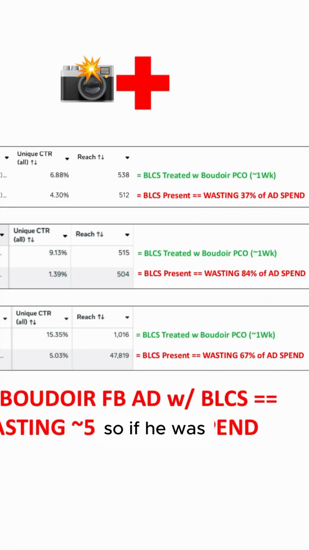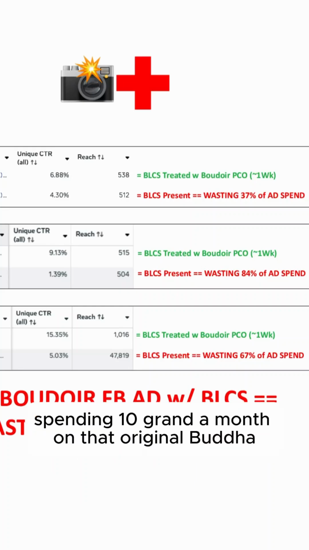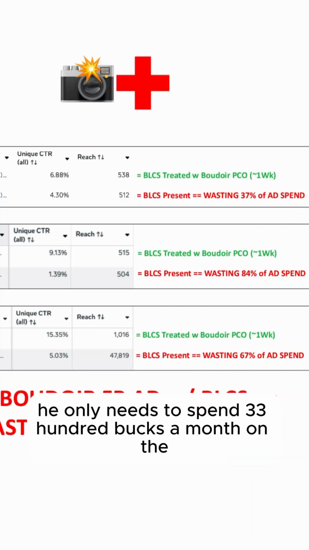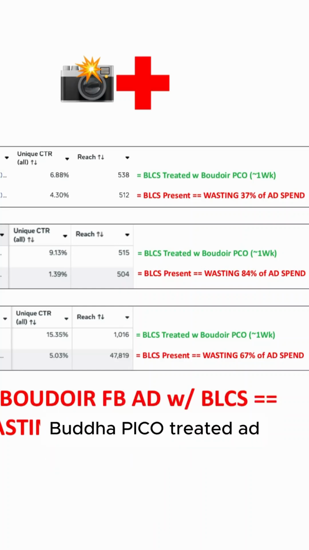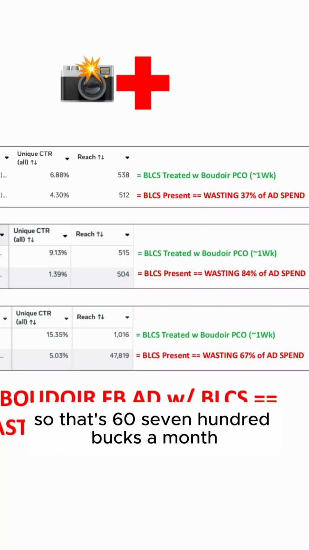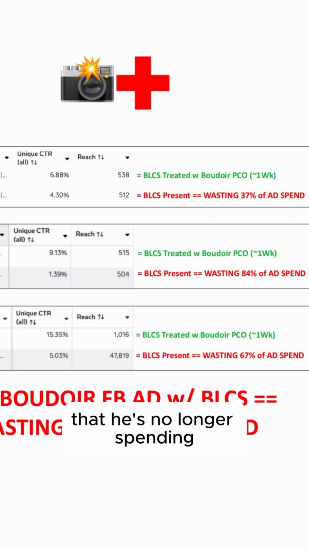So if he was spending 10 grand a month on that original boudoir Facebook ad, now he only needs to spend $3,300 a month on the Boudoir Pico treated ad, and he gets his ad into the same number of women's brains in both scenarios. So that's $6,700 a month that he's no longer spending.